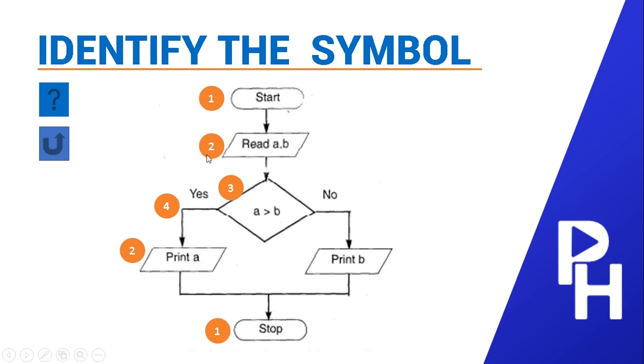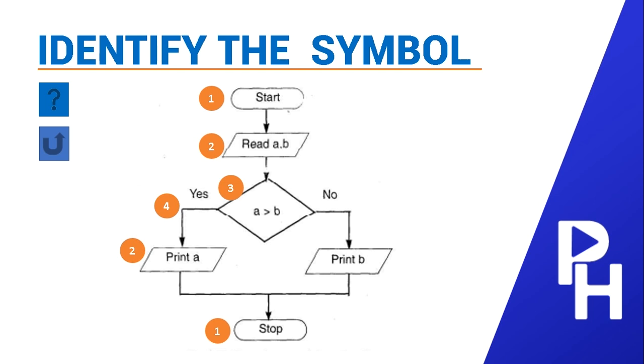The second symbol is like this, labeled number 2. The third symbol is a diamond. And the fourth symbol is the arrowhead. Can you identify the symbols?